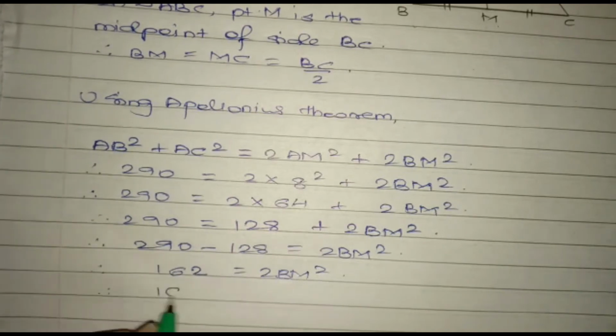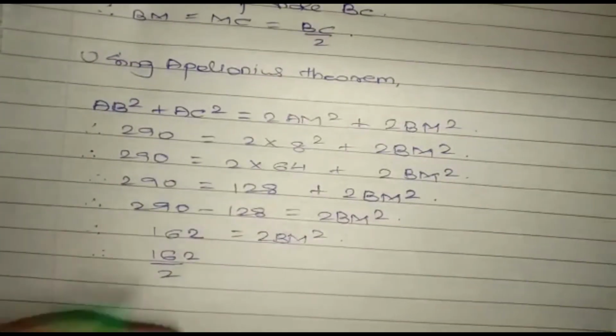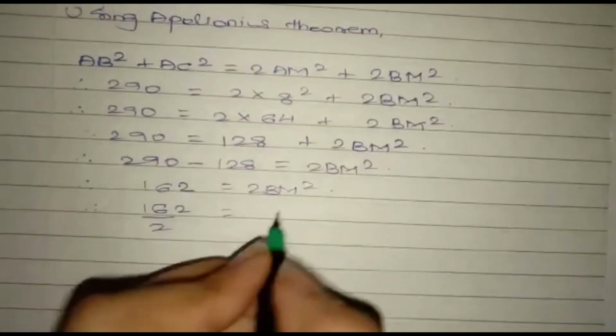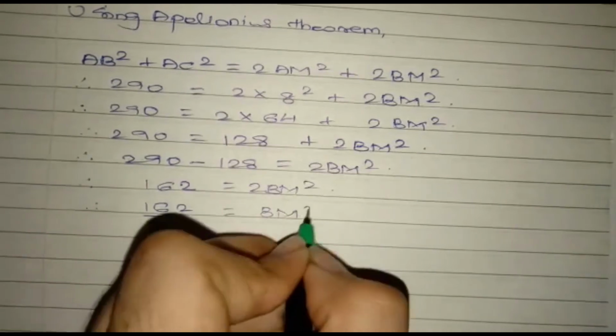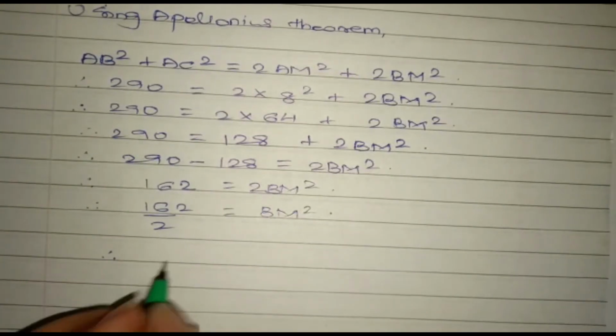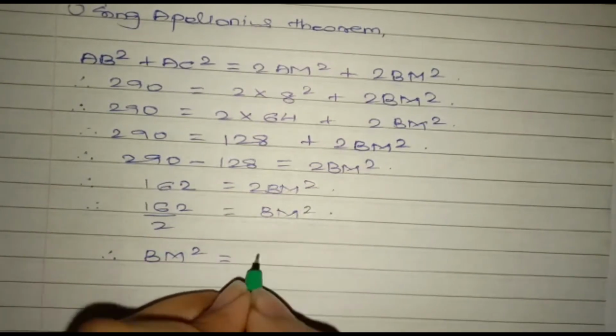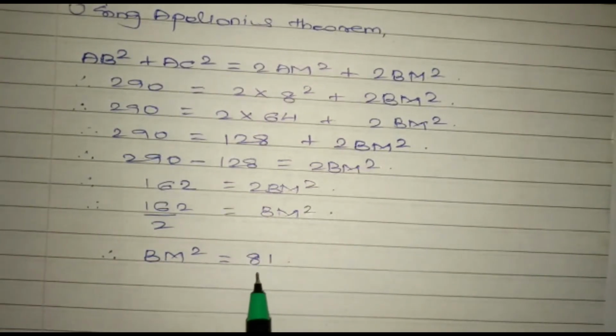Therefore 162 upon 2 is equal to BM square. Therefore BM square is equal to 81.